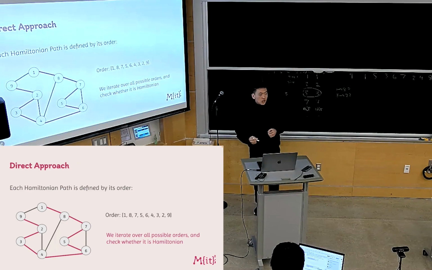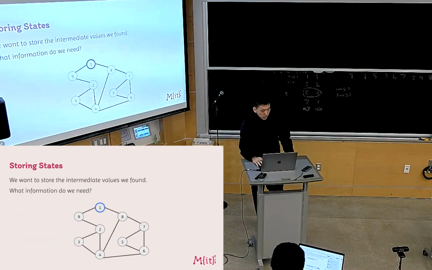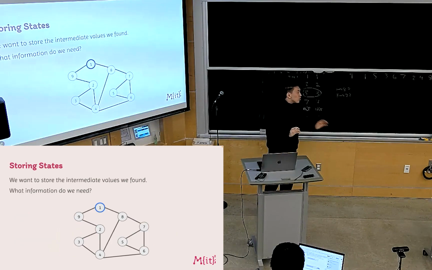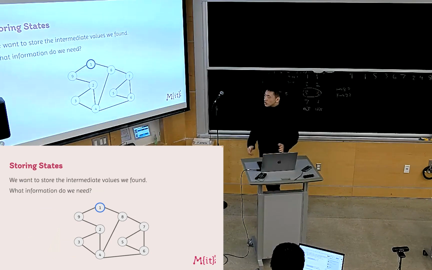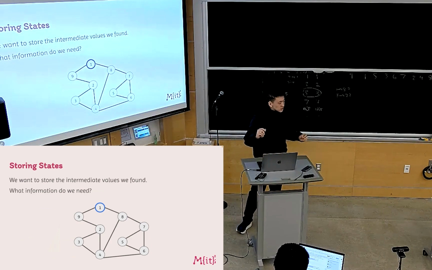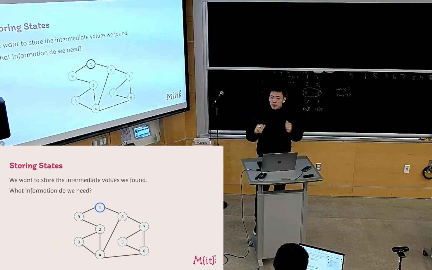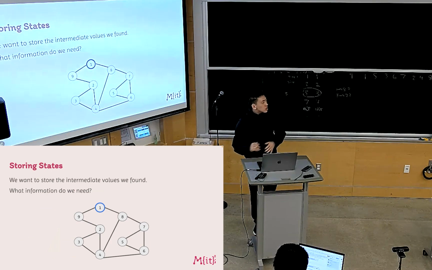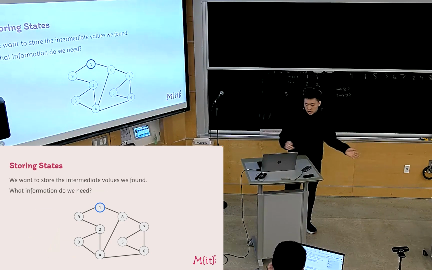So how might we speed this up? Well, suppose we wanted to store some intermediate states. What information might we need? Let's say we're DFSing, or not exactly DFSing, but just iterating through this tree and creating a path as we go. So we start at node 1, and only node 1 has been visited so far.